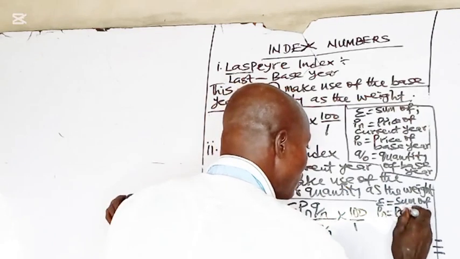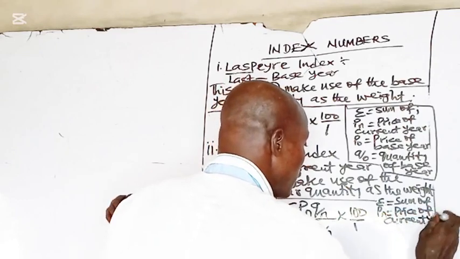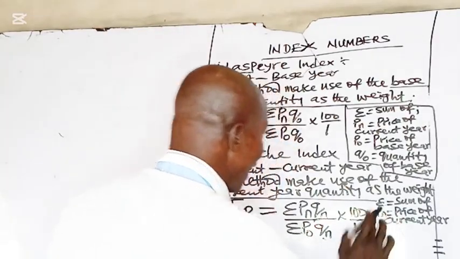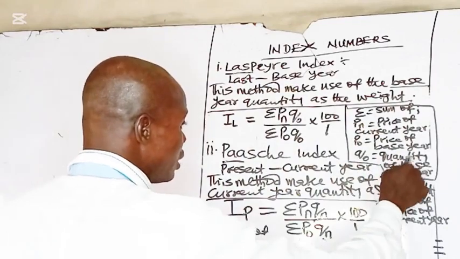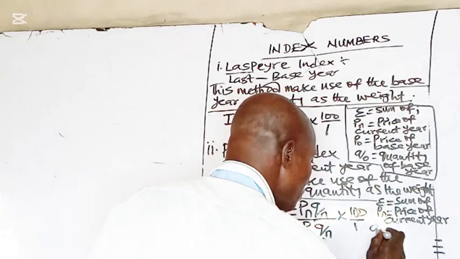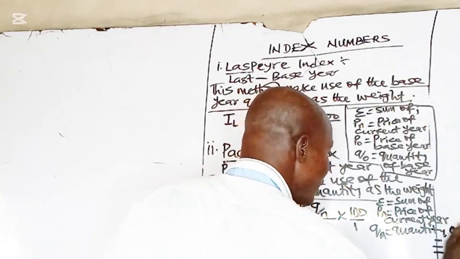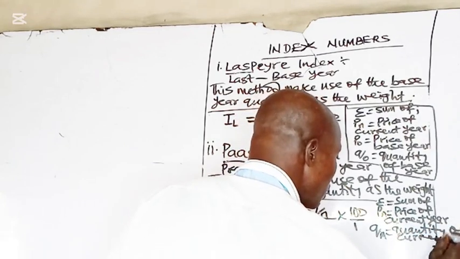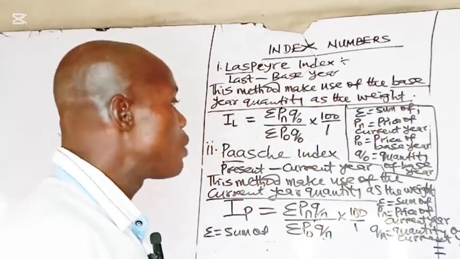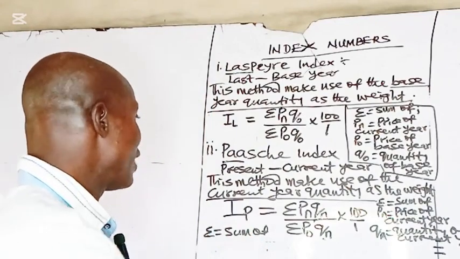PO has the same meaning as before, quantity of base year, while QN stands for quantity of current year. So these are the definitions. I will leave the Fisher and Marshall Edgeworth for another video.